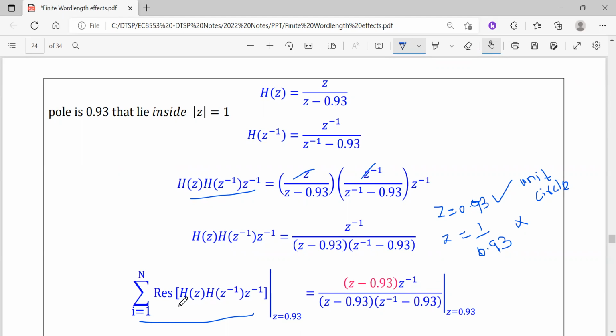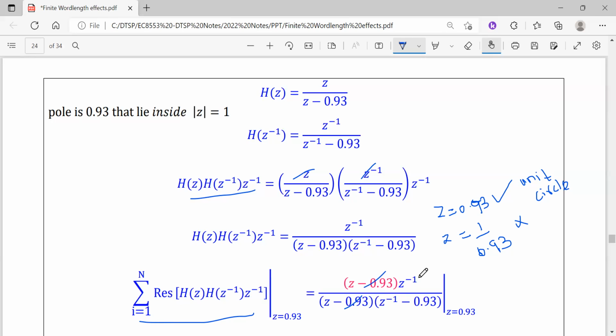So how to find the residue of H(z) H(z inverse) at z is equal to 0.93? With this product of H(z) H(z inverse) into z power minus 1, we have to multiply z minus 0.93, since we substitute z is equal to 0.93. After multiplying this product with z minus 0.93, we can cancel these two terms.